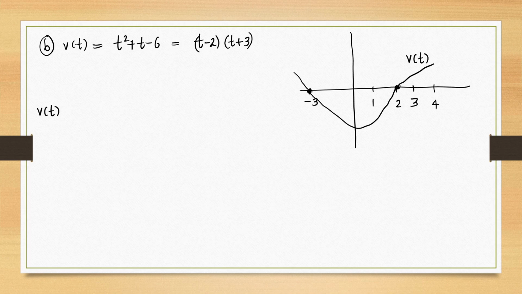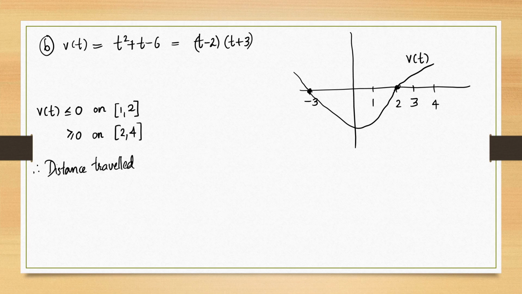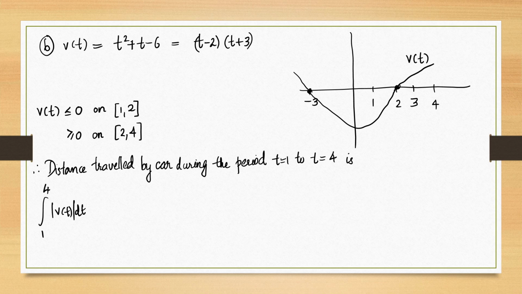Thus we have v of t less than or equal to 0 on closed interval 1, 2 and greater than or equal to 0 on closed interval 2, 4. Therefore the distance travelled by the car between t equal to 1 and t equal to 4 is given by integral 1 to 4 mod v of t dt. We split the interval of integration as integral 1 to 2 and integral 2 to 4.